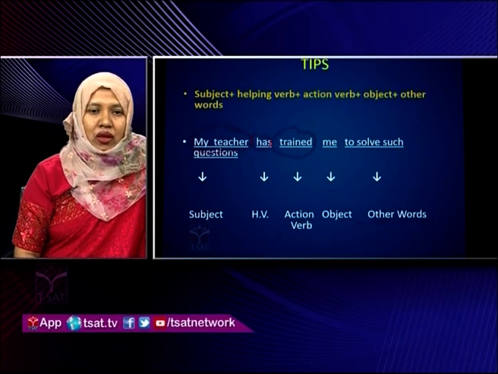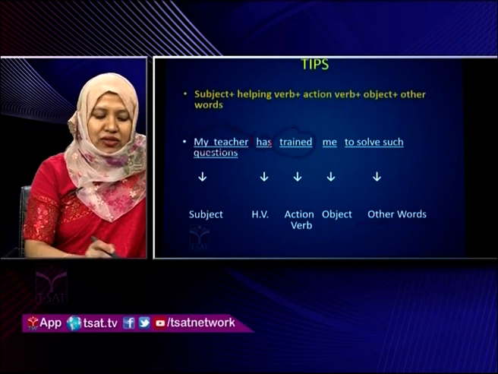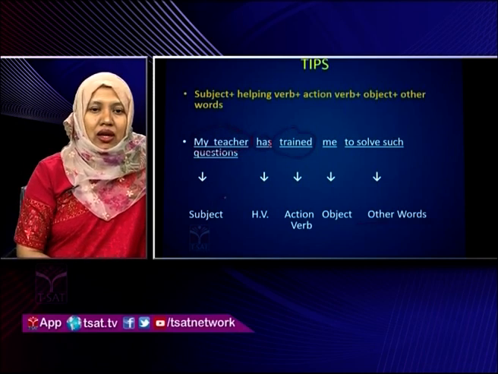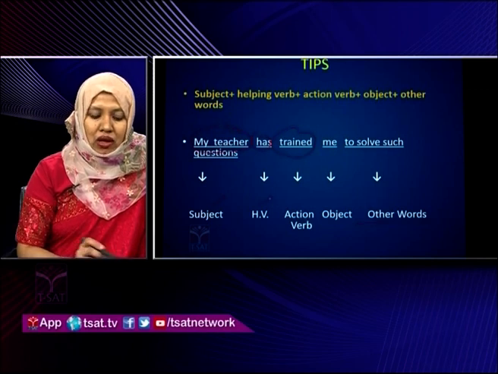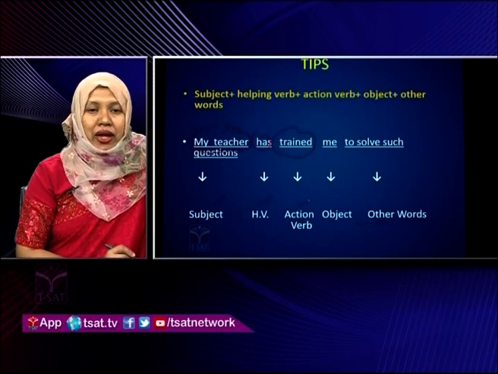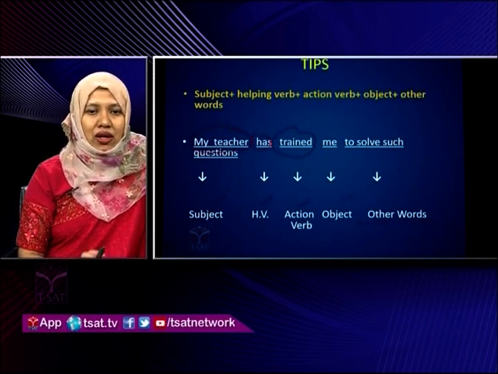Now, always remember, a sentence always starts with a subject. There may be a helping verb and a main verb or action verb, and an object. These are the important parts of a sentence.